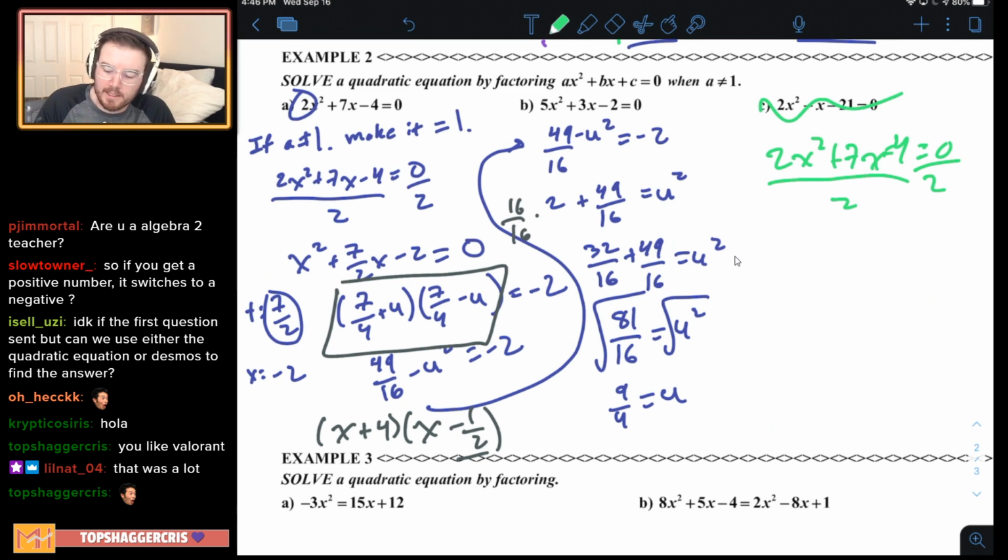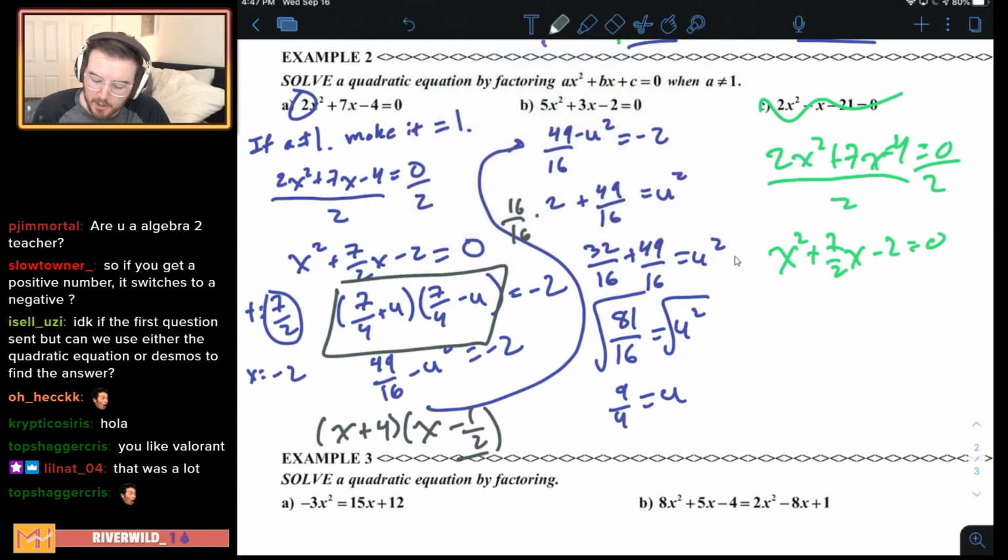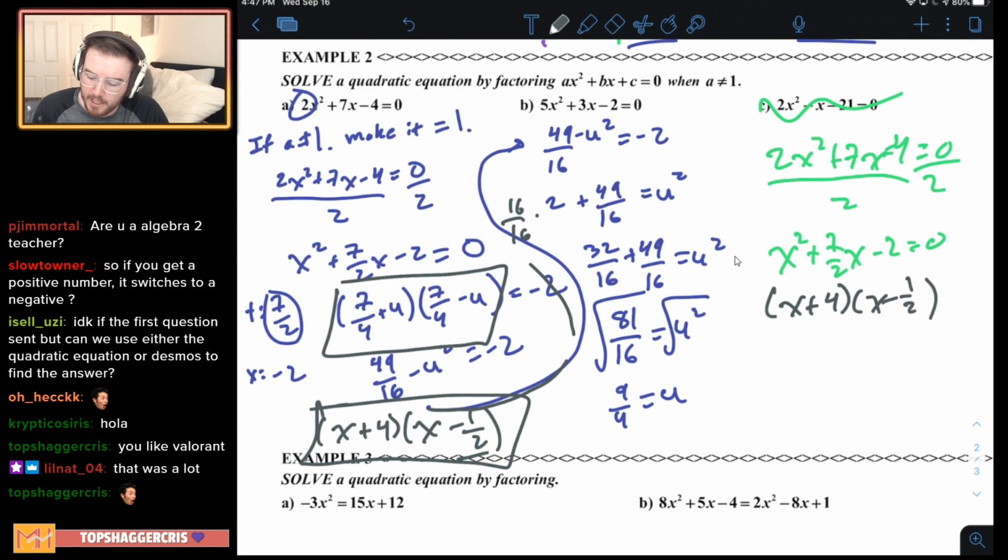So whatever I do to one side, I do to the other. And that's why I ended up with this. After doing all this work, this right here is the factored form of this.